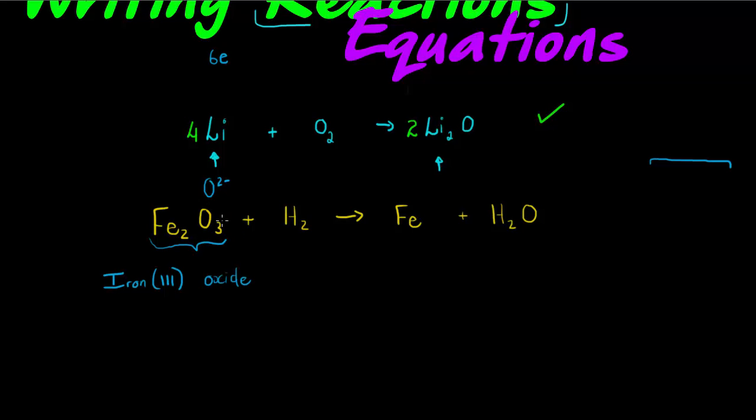Hopefully you can see this 3 tells me I've got 3 oxygens. Each one of these oxygens needed 2 electrons to fill out their highest energy levels, which means I needed a total of 6 electrons. And these electrons were supplied by iron.